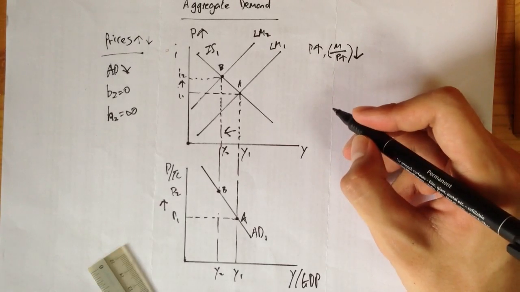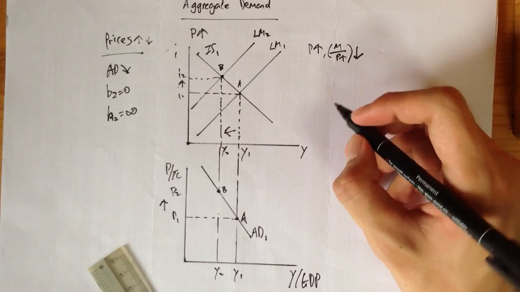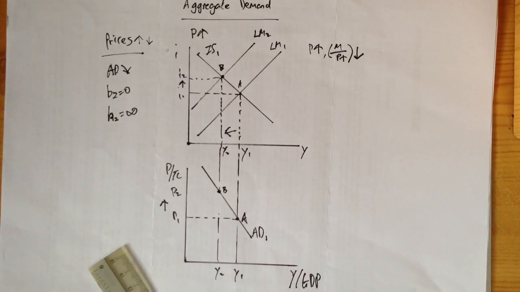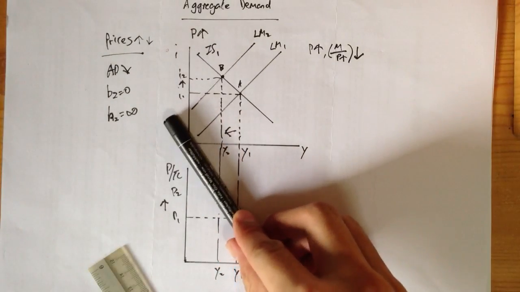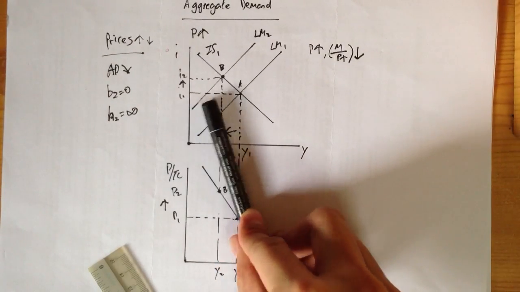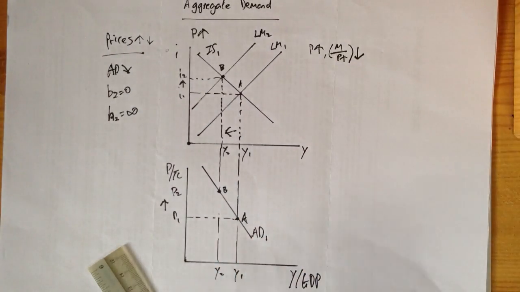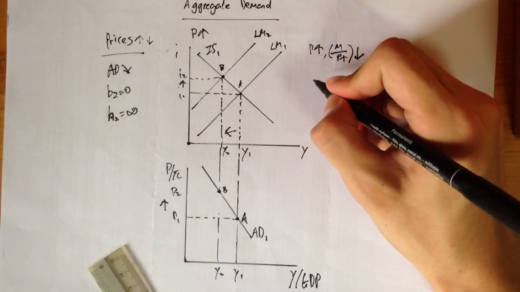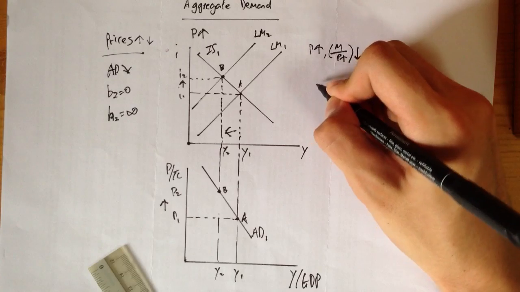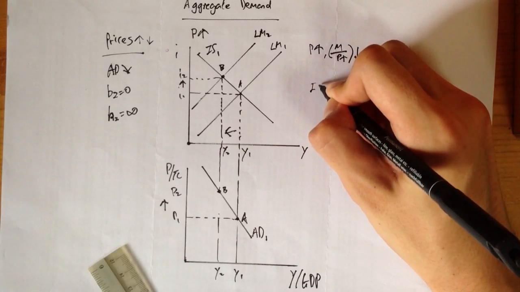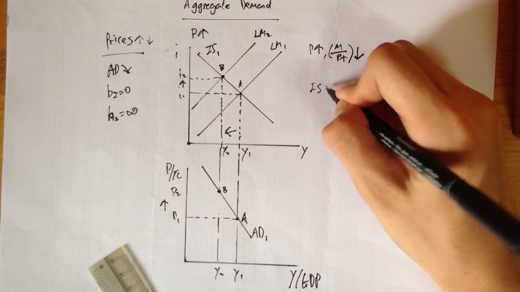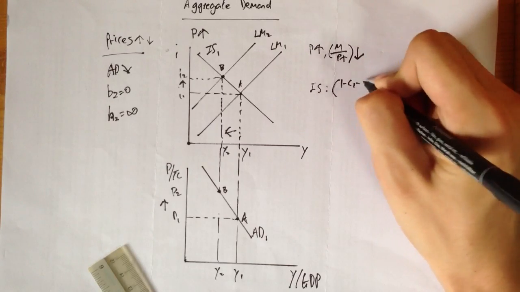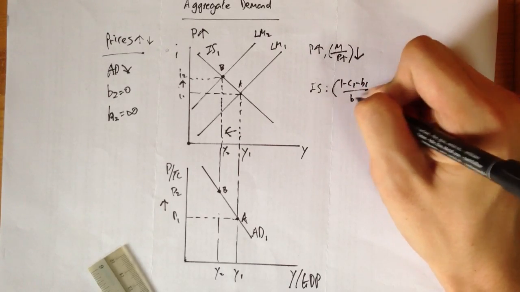And then I'm going to continue about factors affecting the slope of your AD curve, whether it is flatter or steeper. I'm going to show you guys just an example. We know that the slope of the IS is actually 1 minus C1 minus B1 over B2.